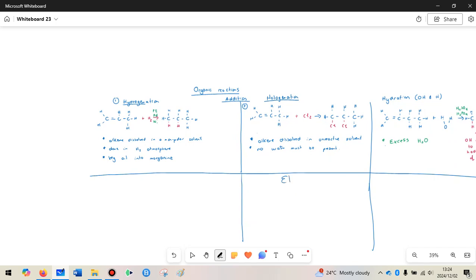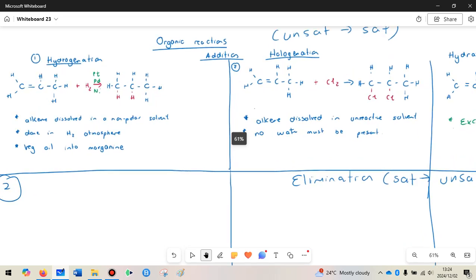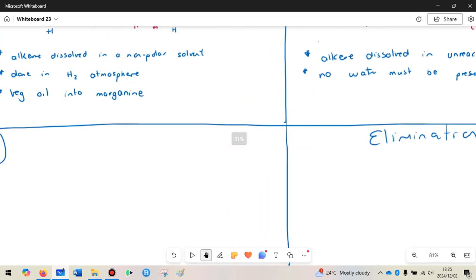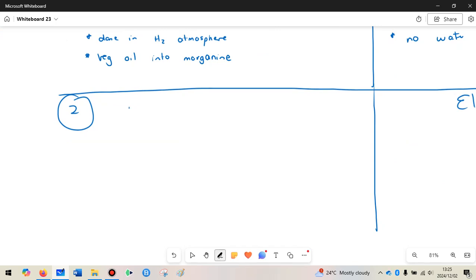During elimination reactions, remind yourself that you are taking saturated molecules and making them unsaturated, which is the opposite of addition, where during addition we took unsaturated molecules and made them saturated. So if adding in hydrogen is called hydrogenation, then removing hydrogen is called dehydrogenation.